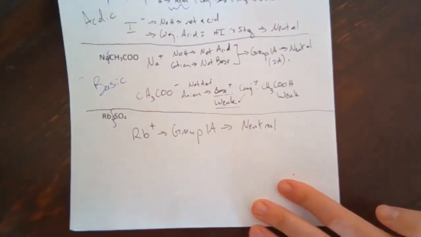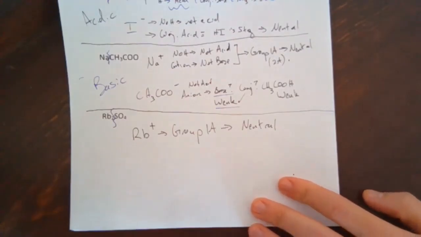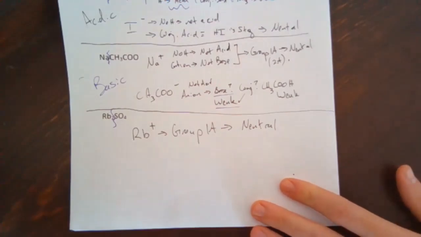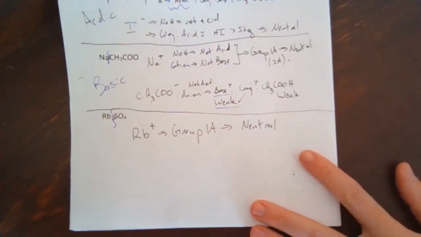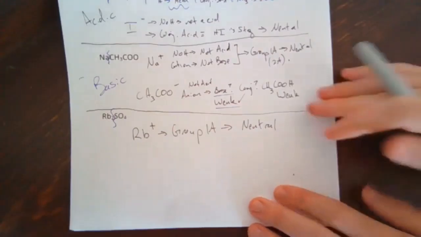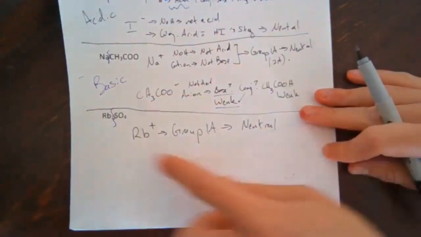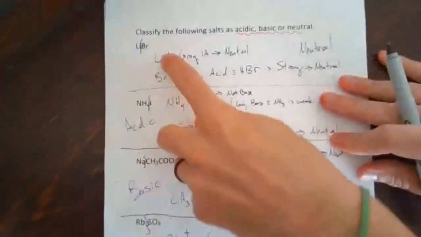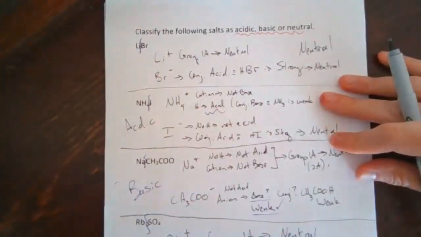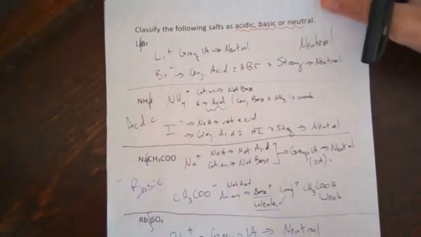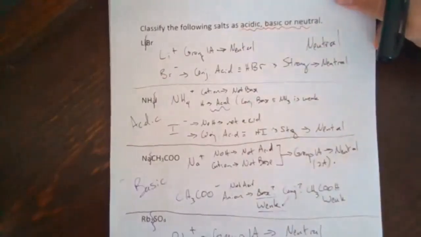They are always soluble and never affect the pH of a solution. So they're very useful in the lab when you want to make a salt that is soluble and does not affect the pH. Or more importantly, you want the other side of the salt, like the anion, to affect the pH. Rubidium, sodium, lithium, they can dissolve. The salt will be very soluble, but importantly, it itself will not affect the pH.